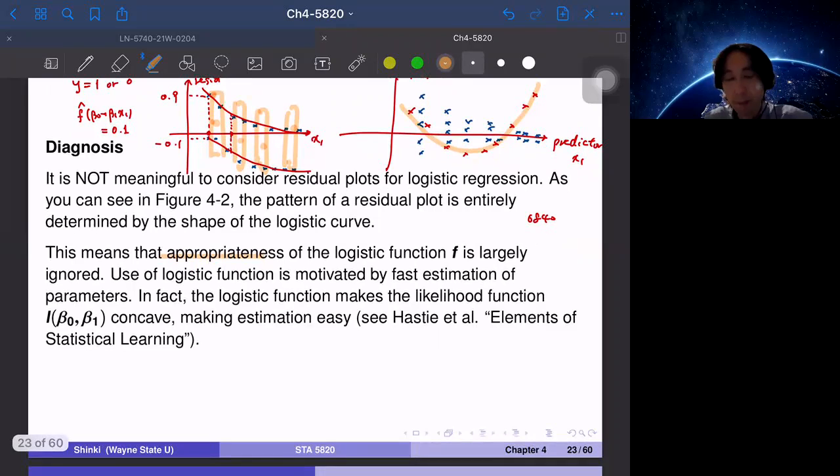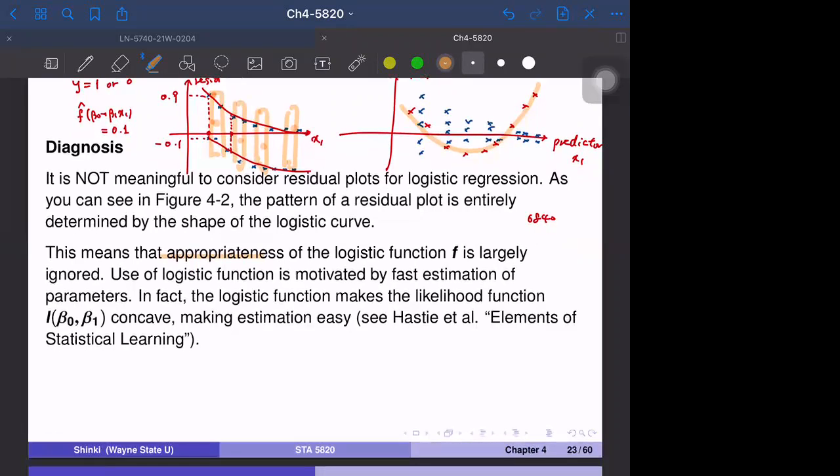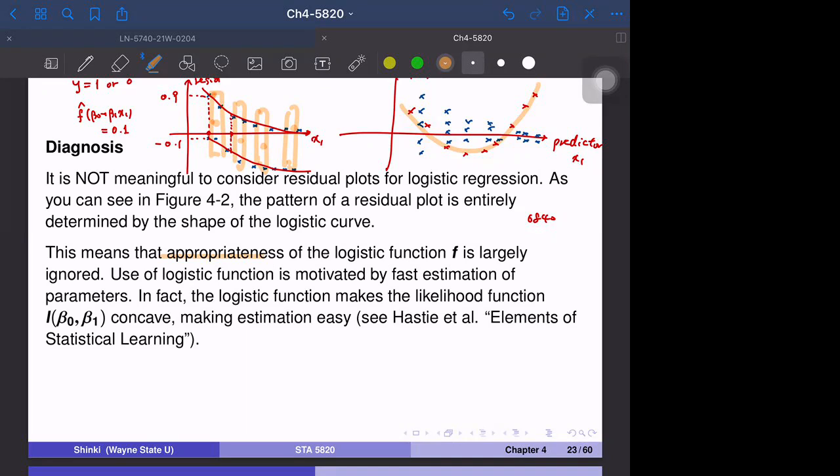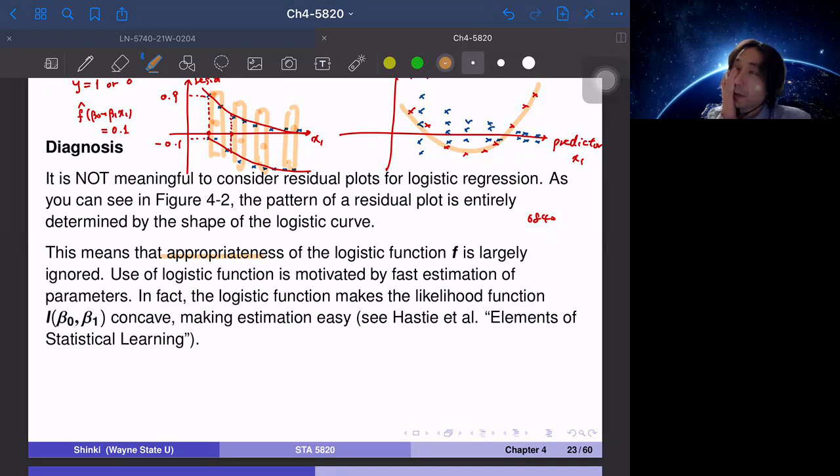So we don't ignore it so much. We have some index for that, but we cannot just interpret the residuals. That's right, the chi-square test and also rho square.